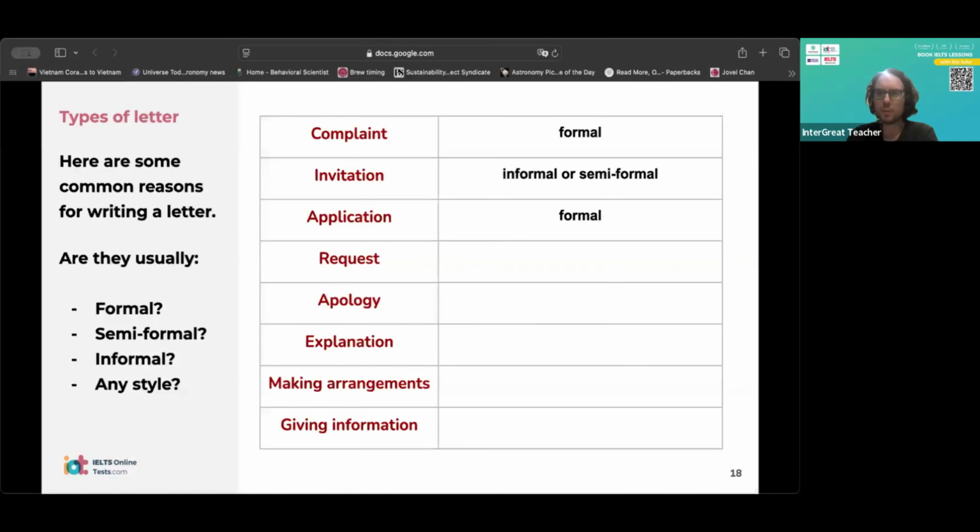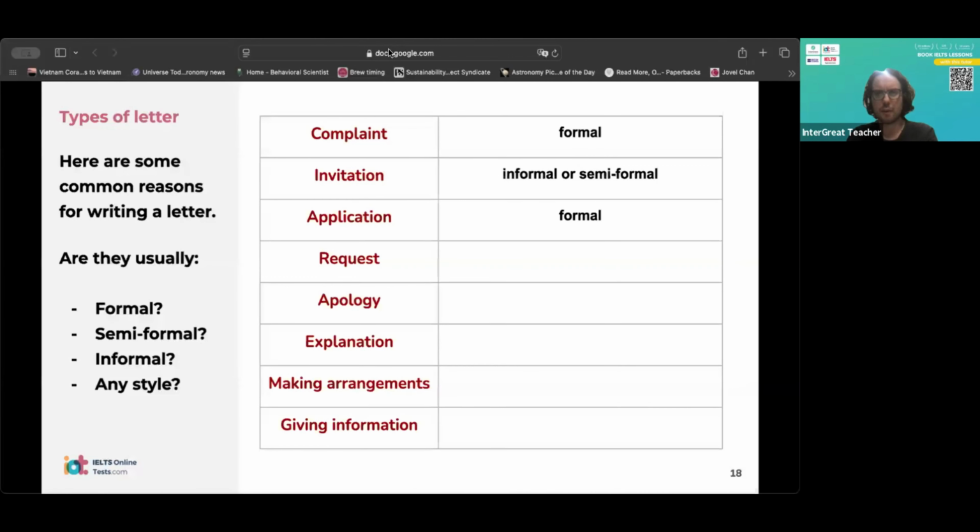Application would be formal. And guys, I would probably say that you do not need to worry too much about what semi-formal means. Most letters, you will just usually write them formal and informal. And we will go over some additional points later on.